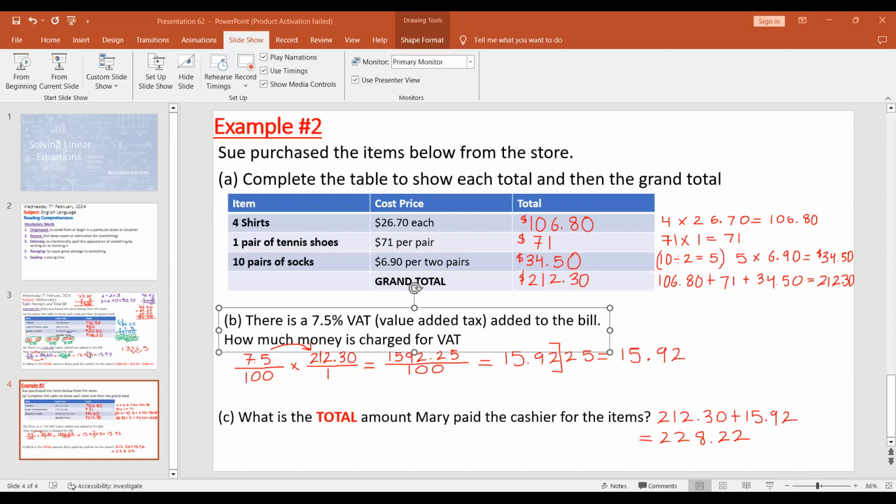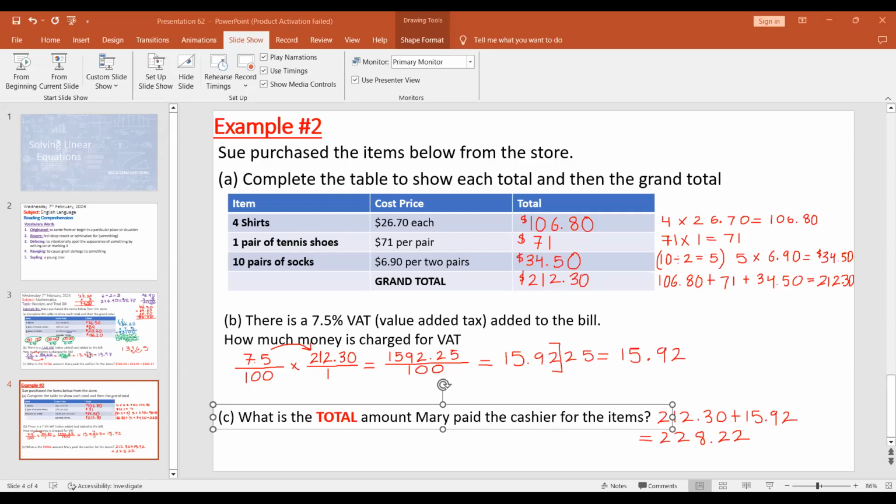For number 2, it says 1 pair of tennis shoes is $71, and all we did was leave it as that. For number 3, it says 2 pairs of socks for $6.90. We divided 10 by 2, which is 5, and then multiplied that by $6.90, which gave us $34.50. And for our grand total, all we did was add everything up.